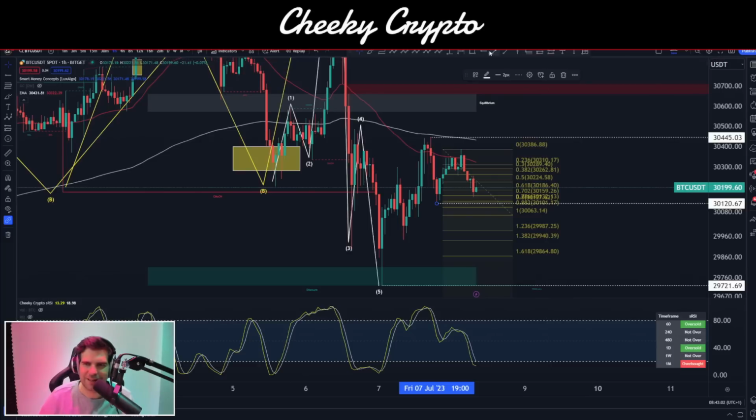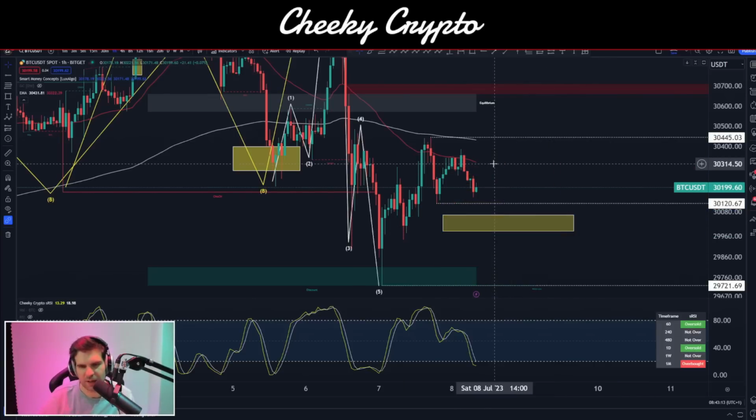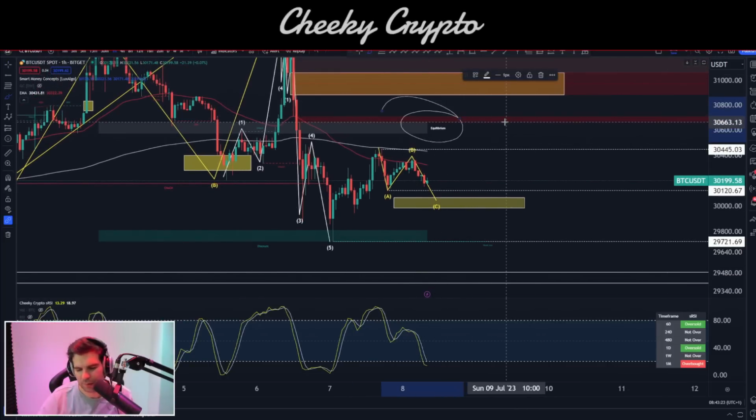More specifically, realistically speaking, we would be thinking about a move down here, to 29,987 to 30,063. That would be a more realistic targeted range based on an A, B, C structure here. This actually is a correction that we'd then see a move up from, and where we'd then target back to that equilibrium.